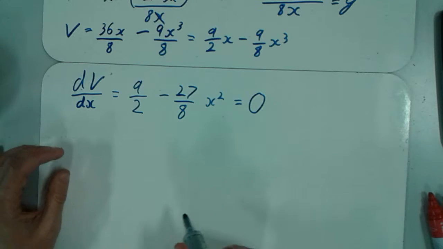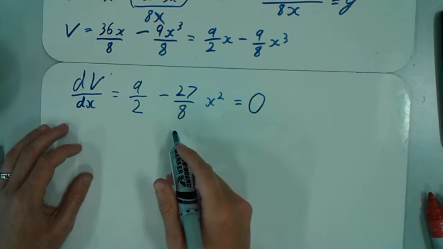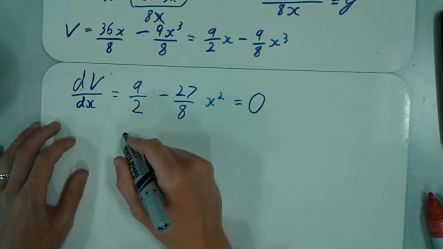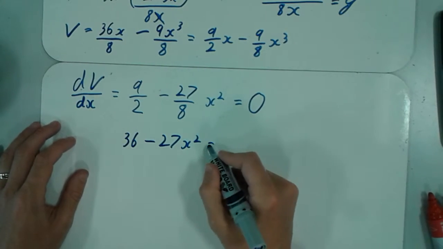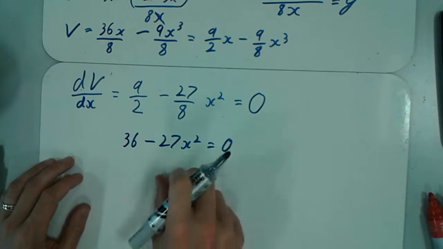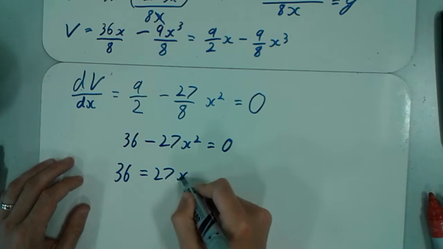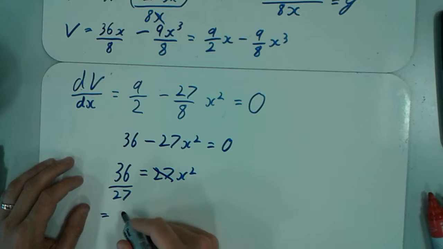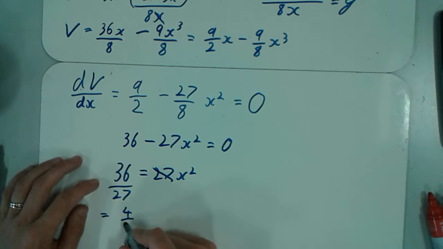Okay, now what we need to do is solve this. So let's multiply through by 8, because that will remove our fractions, and we're going to get 36 minus 27x squared is equal to 0. And then we can just have 36 is equal to 27x squared. Dividing through by the 27 gives us 4 over 3.